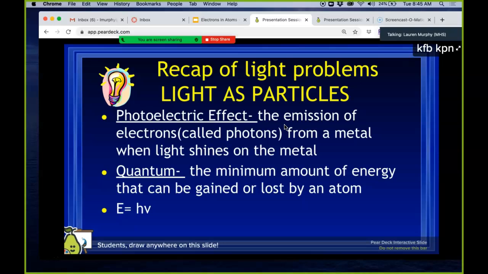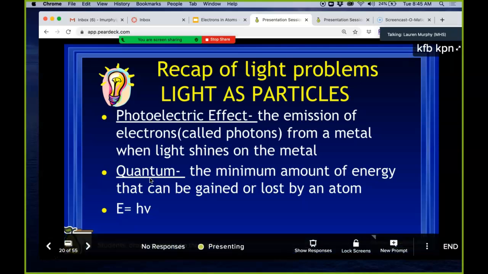The emission of the electrons when they were shining light on the metal meant that the light was not traveling like waves, it was traveling like a particle. So then they came up with what's called the quantum mechanical model of the atom, and that is really what we use today, okay?